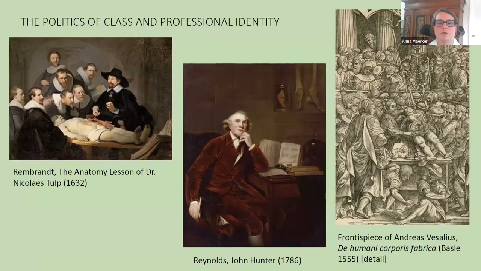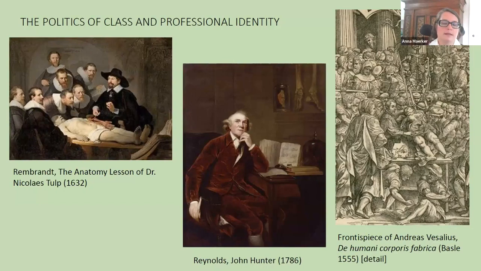And here are just a few of the most famous examples, whether it's Vesalius's portrait at the center of his programmatic frontispiece to De Fabrica on the right, Rembrandt's Anatomy Lesson of Dr. Tulp on the left, or Joshua Reynolds's portrait of John Hunter at the center, accompanied by his books and specimens.